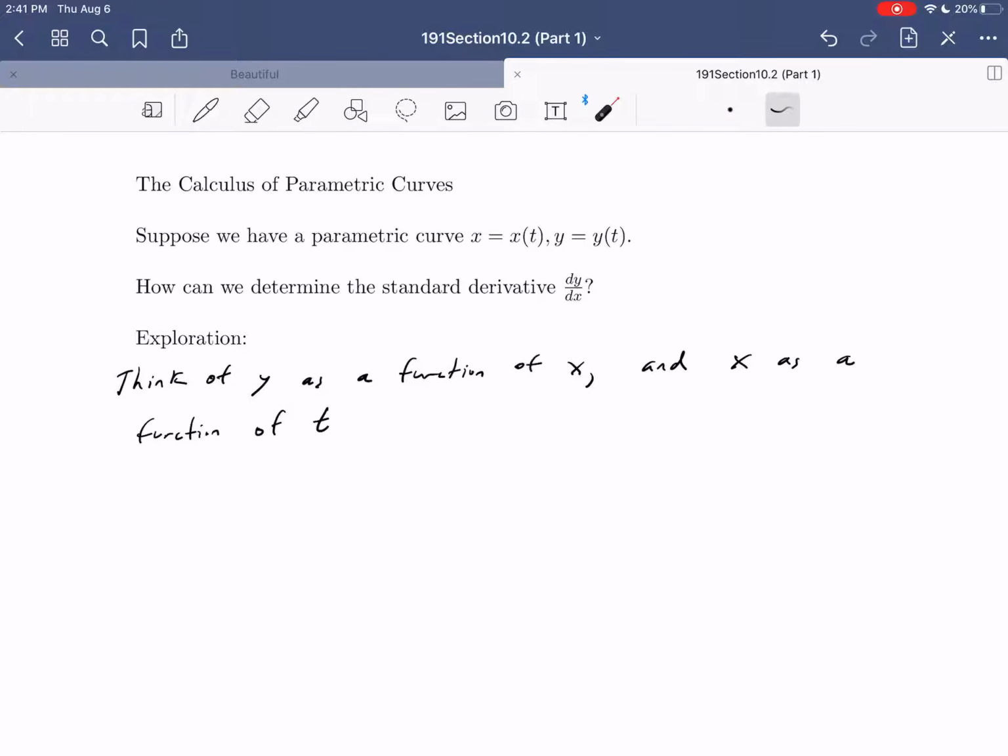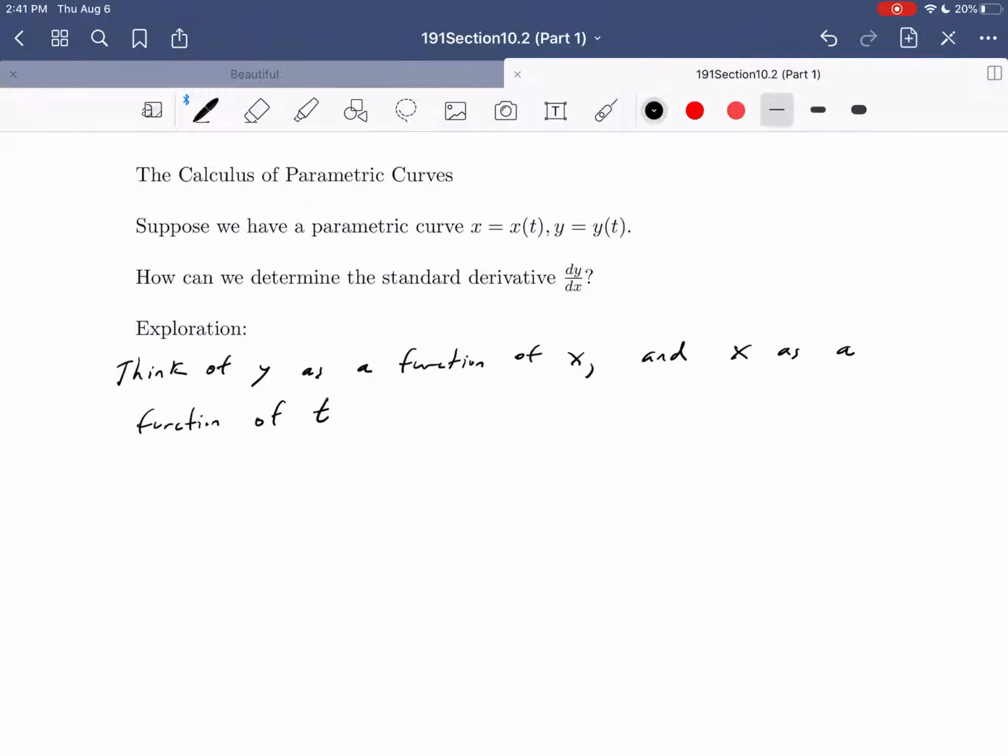The setup in general for a parametric curve is that x is a function of t and y is a function of t. But since we want to determine the derivative of y based on x, we're going to think of y as a function of x and x as a function of t. Of course, if y is a function of x and x is a function of t, y is also a function of t.